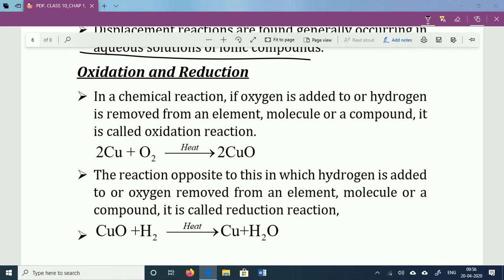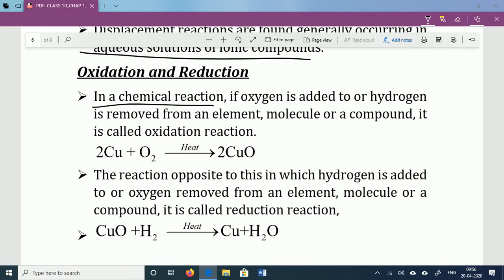Oxidation means any chemical process in which oxygen is added or hydrogen is removed, then we can say that the component undergoing the process is oxidized.